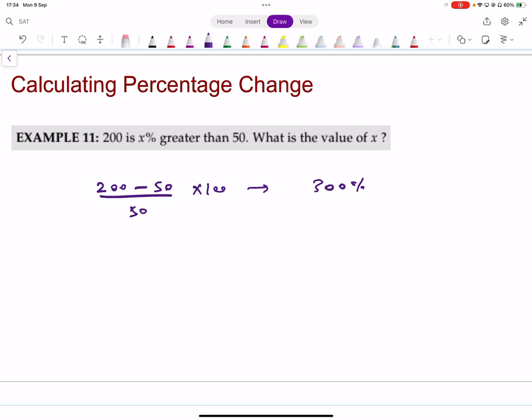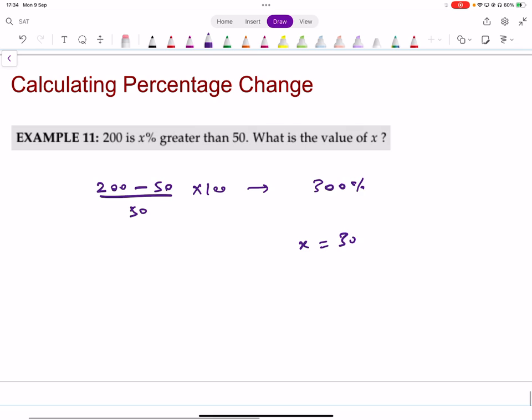Okay, so what's the value of X then? What value would you write there? It's a fill-in question. What value are we going to write there? 300% or just 300? It says X%. So percentage sign is separate. X is just the value.